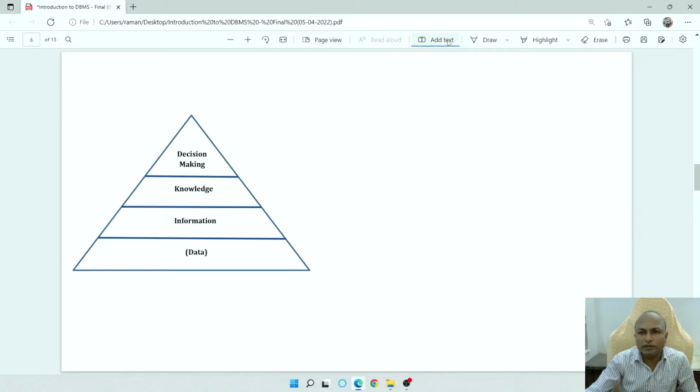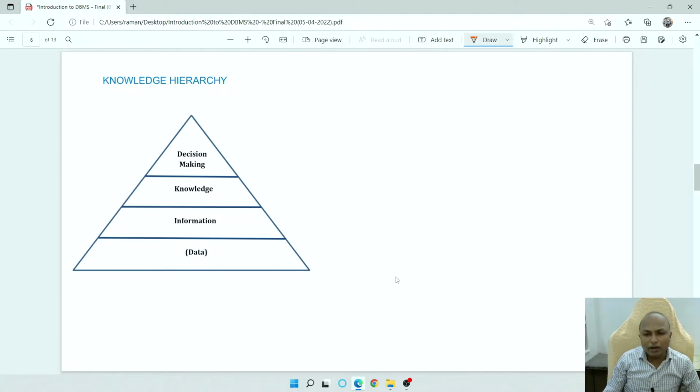Then we are going to discuss knowledge hierarchy. In that, the bottommost we have data, on top of that information, on top of that knowledge, at the highest level decision making.